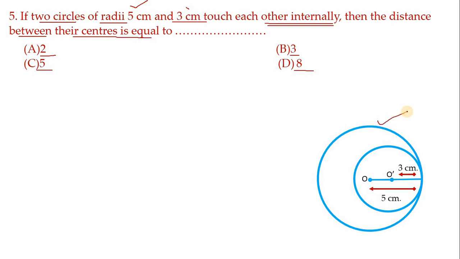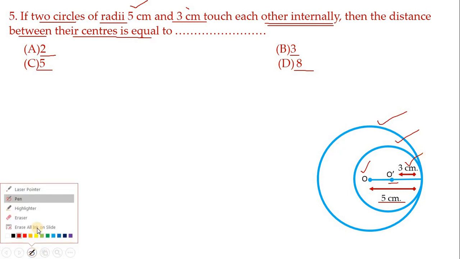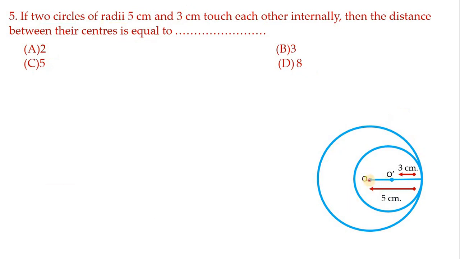The bigger circle radius is 5 cm and O is the center of that circle, and the smaller circle center is O dash and its radius is 3 centimeter. Now what we have to find is the distance between O and O dash. Easily we can find: this full length is 5 centimeter and we want to find the length of this part, hence subtract 3 centimeter from 5 centimeter.